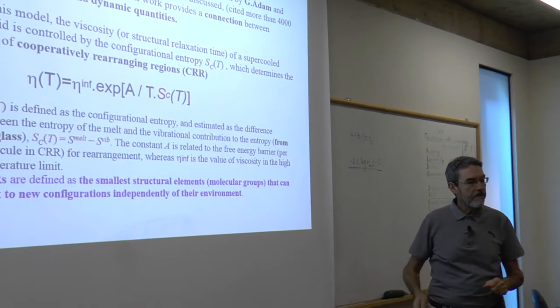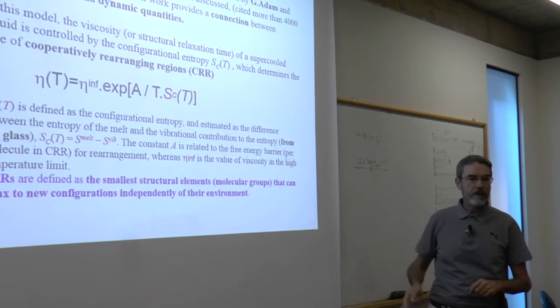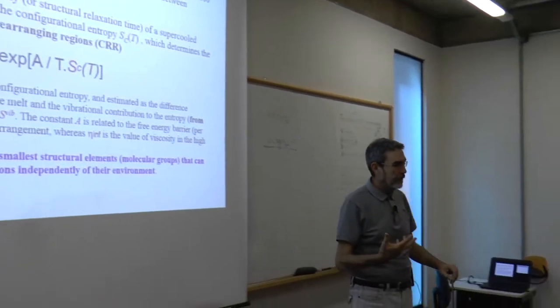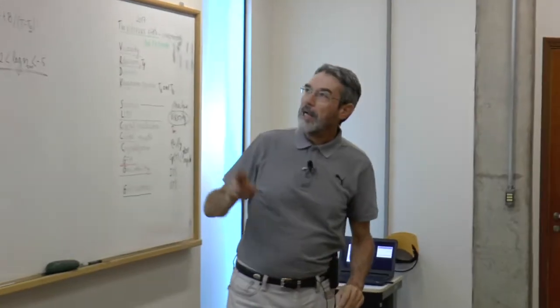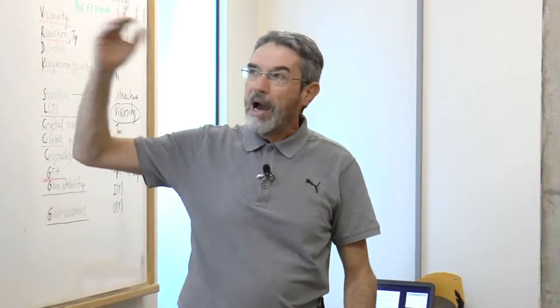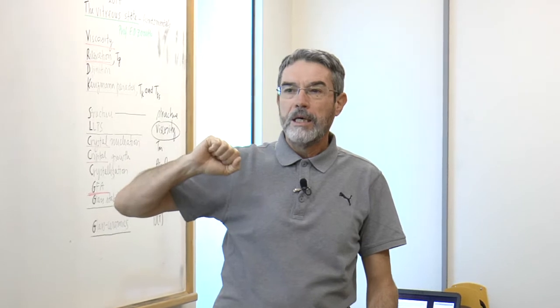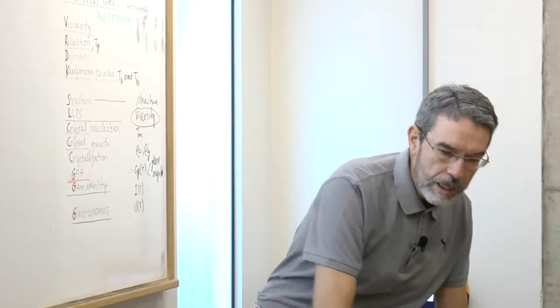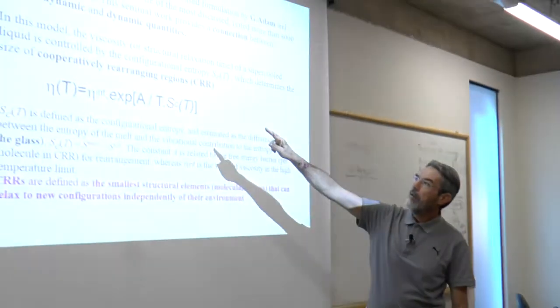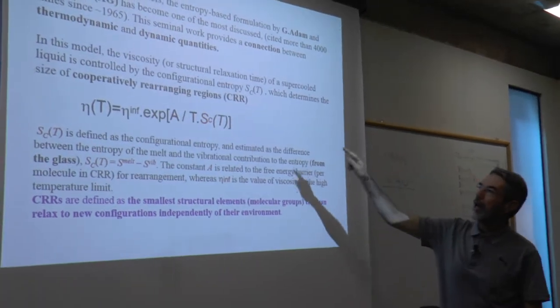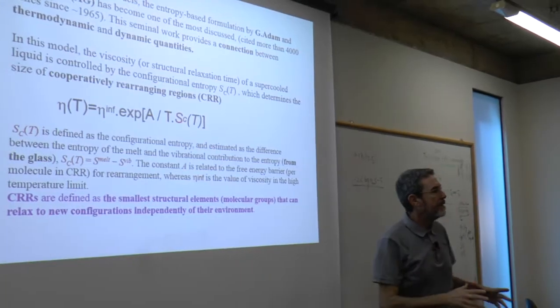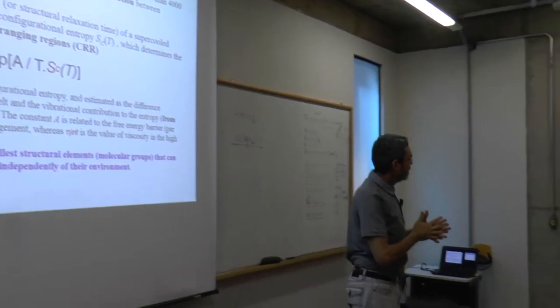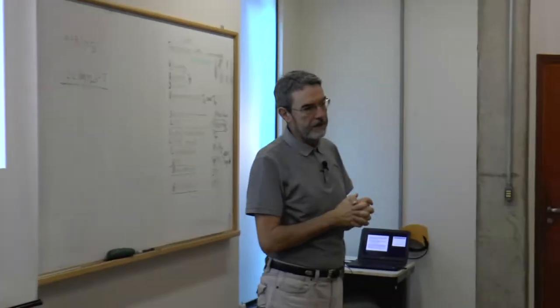Another interesting feature of this theory, or this model, is that Adam-Gibbs derived this equation assuming that different cooperatively rearranging regions, CRR, exist in the liquid. What's the meaning of CRR? Think of a traffic jam.